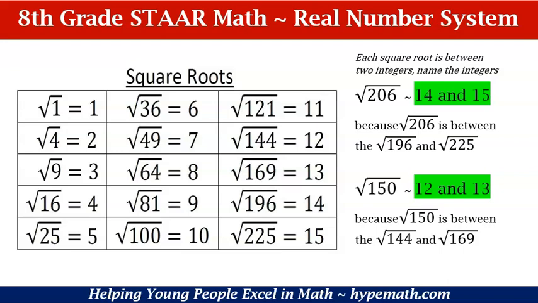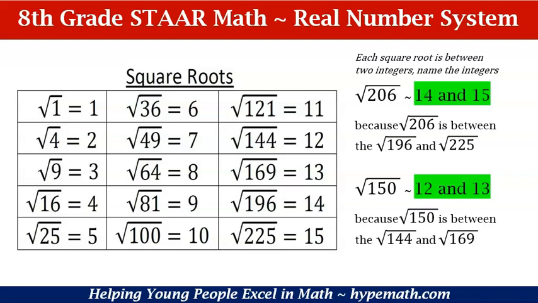Let's look at one more example. Looking for the two integers that the square root of 150 is between, we would say 12 and 13 because the square root of 150 is between the square root of 144 and the square root of 169.